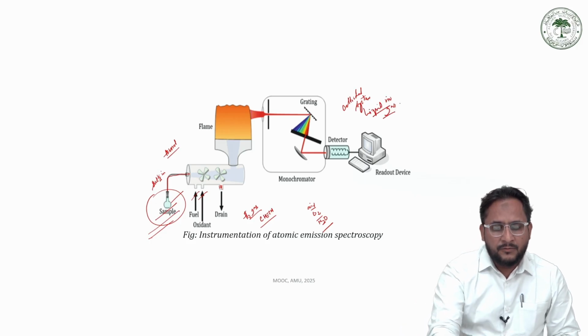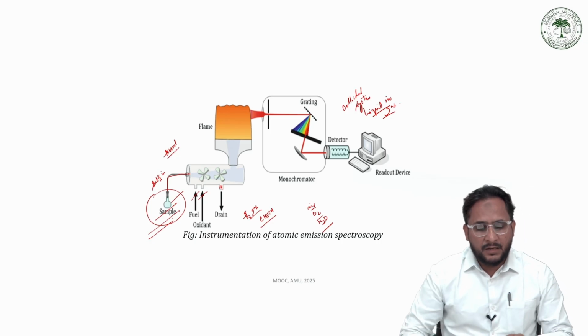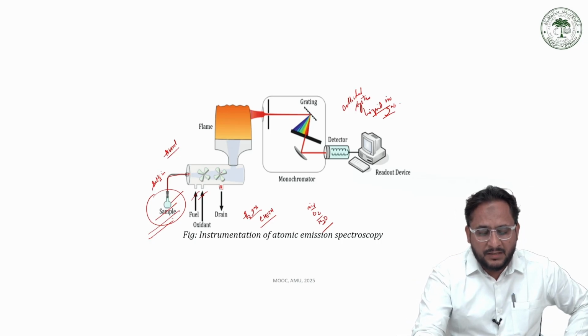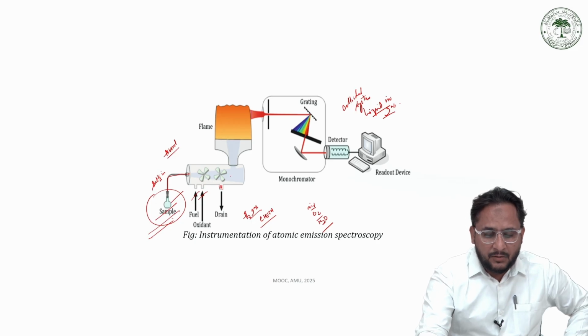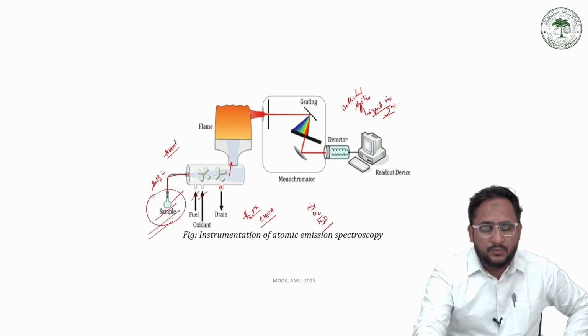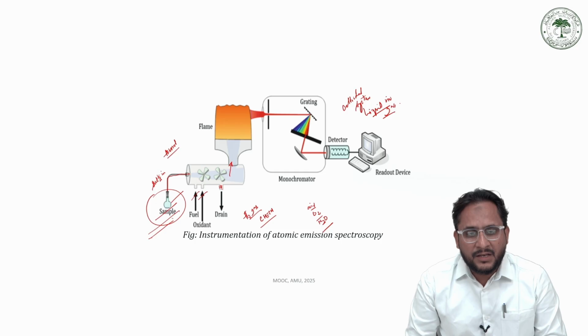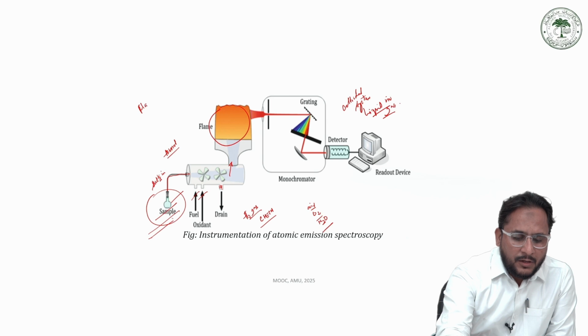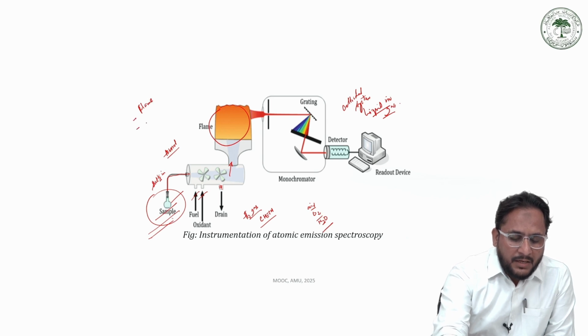So the liquid from this solution containing our target analyte molecules is dispersed in gas, and then at a controlled flow rate it enters into the atomizer or the excitation source, where excitation is provided either by flame, which is called direct excitation, or by some electric discharge.